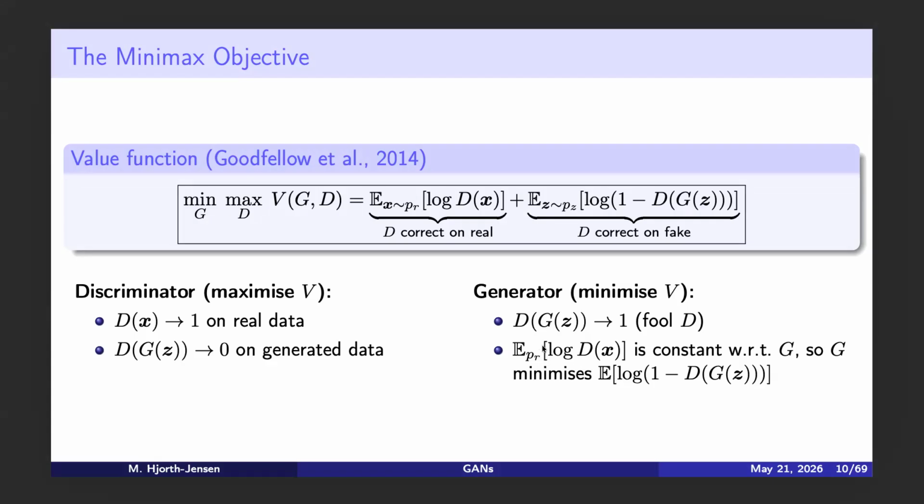So this quantity defined in terms of the real data is actually a constant with respect to G, so G doesn't see that. So G minimizes the difference between the two. So it's a minimization and maximization problem. And this is often a type of problem which can be numerically more difficult. And these are two probability distributions. So this P of Z is something which is done on the fake data, and D of Z is produced on the real data.